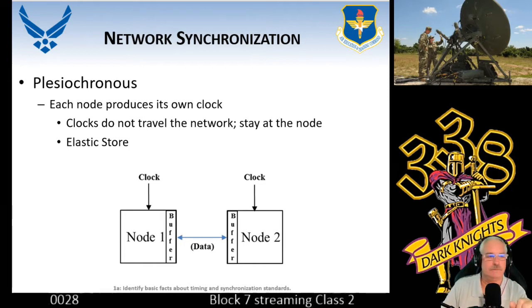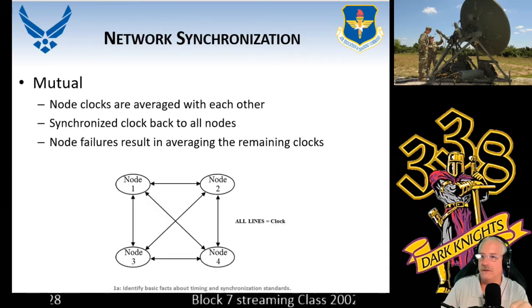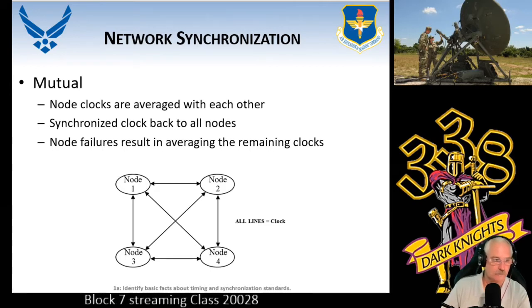There you go, that's isochronous. The next one's called mutual. This one has several nodes in it, and the idea is you're averaging clocks back and forth. This is where you really have a super big LAN party.